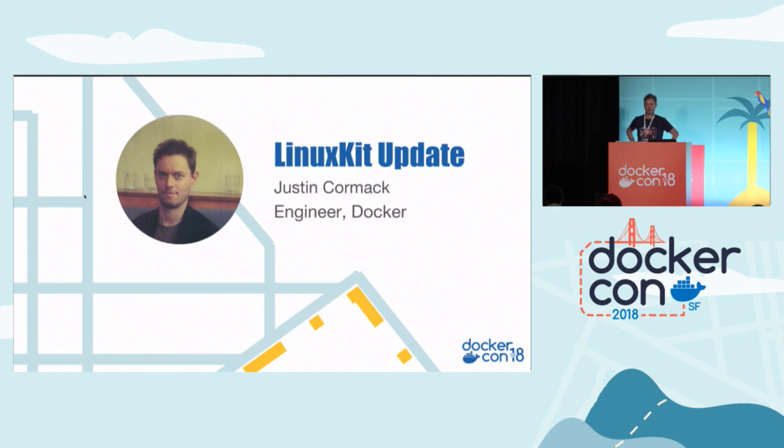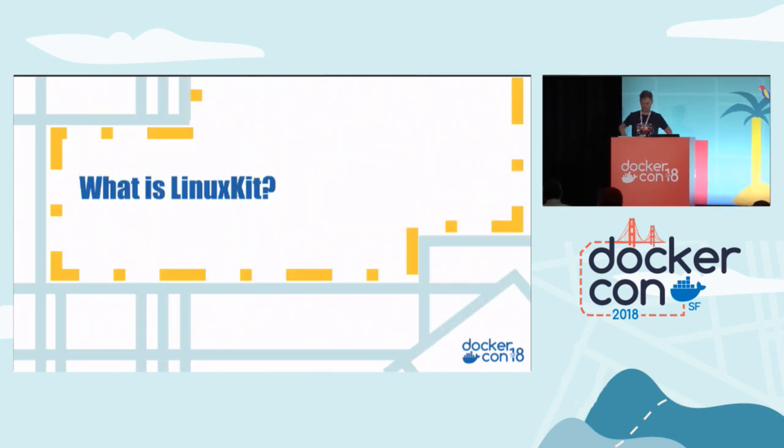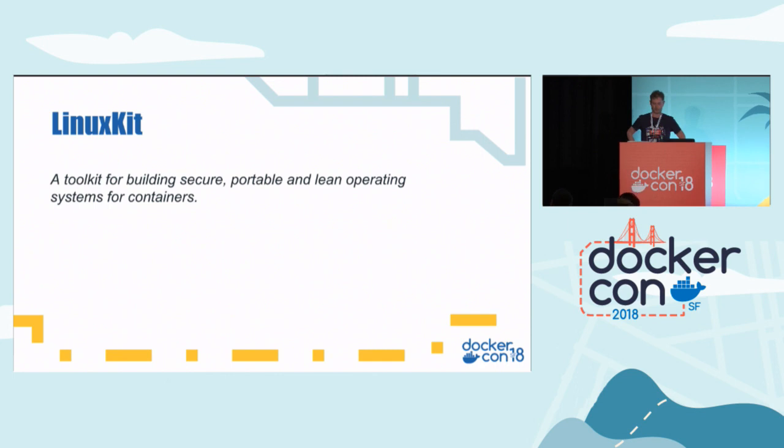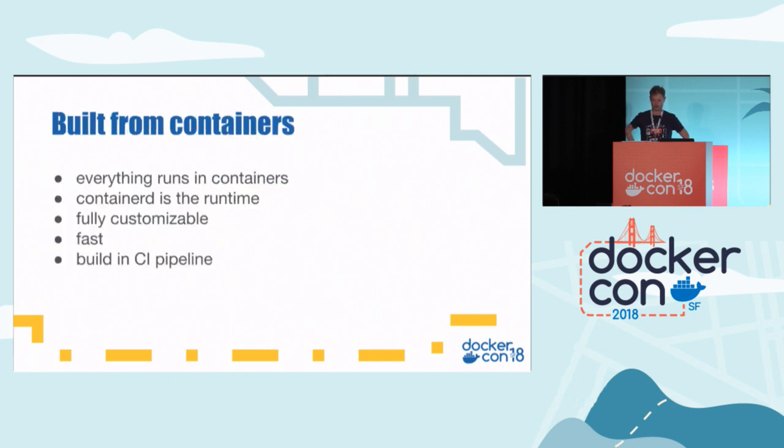Okay, so I'm just here to give you an update on LinuxKit. So in case you don't know what LinuxKit is, it's a toolkit we built for building whole Linux systems that's built on the same kind of basis as Docker itself. Everything's built from containers.